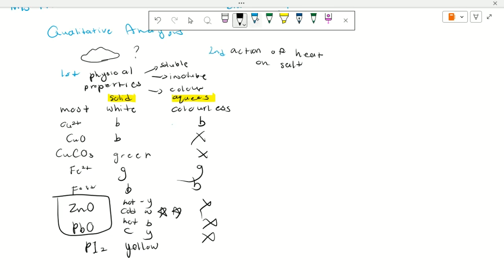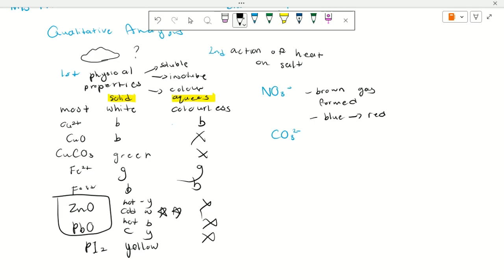First of all, we have NO3 negative. These are the anions, by the way. If it's a nitrate salt, a brown gas will form, and it will change blue litmus paper to red. That's nitrogen dioxide gas. If it's heated, this will happen. And then we have carbonate salt.